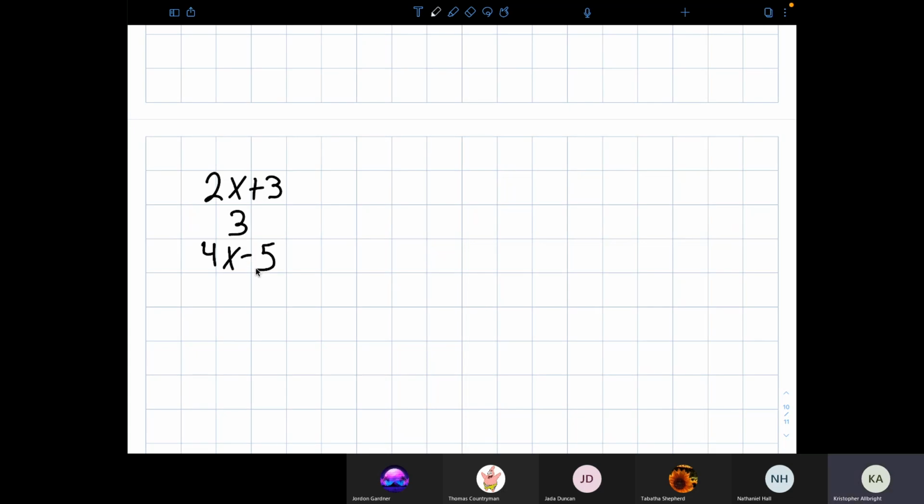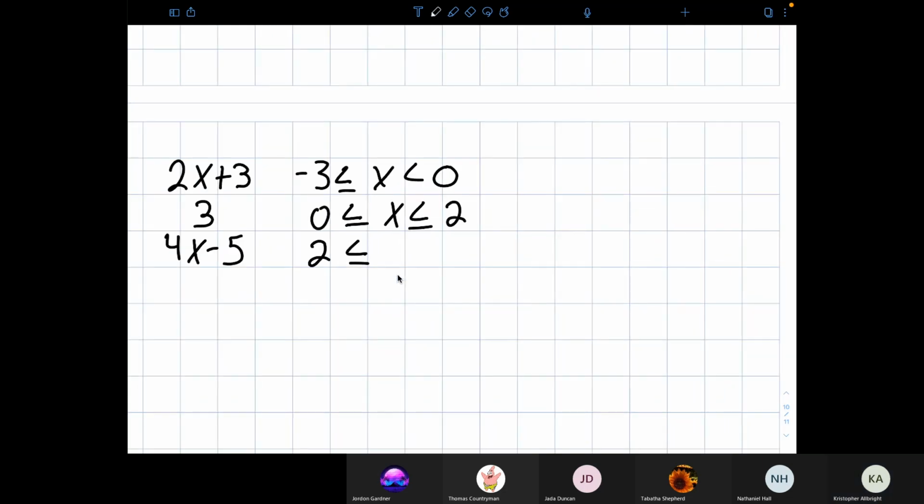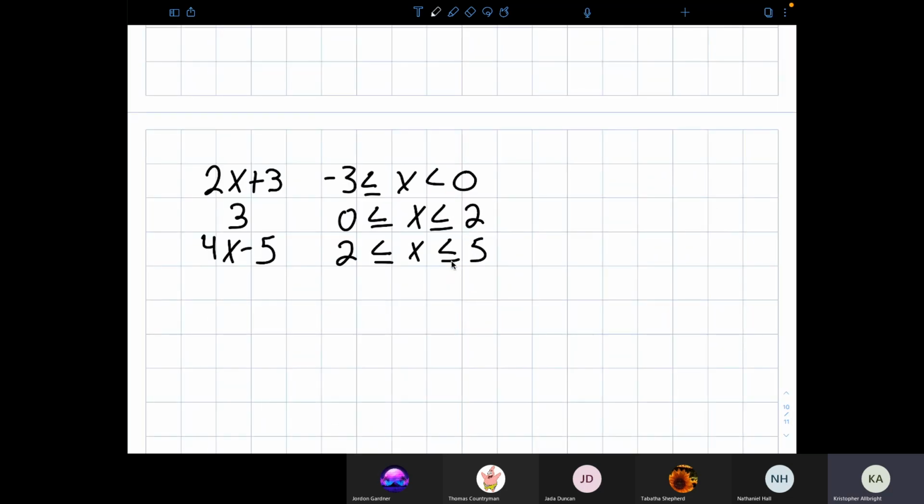And we're going to do these at -3 is less than or equal to x is less than 0, 0 is less than or equal to x is less than or equal to 2, 2 is less than or equal to x is less than or equal to 5. So I'm going to put my bracket. See, told you it's always terrible.